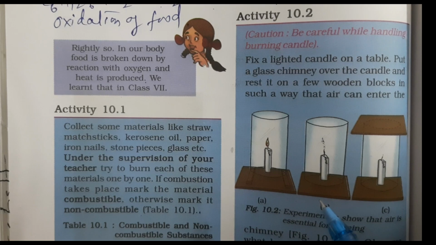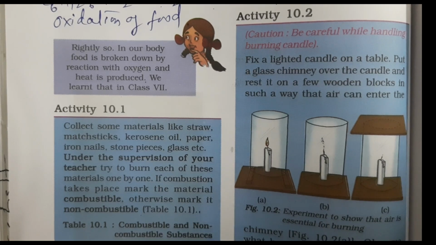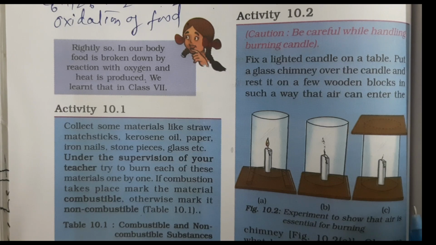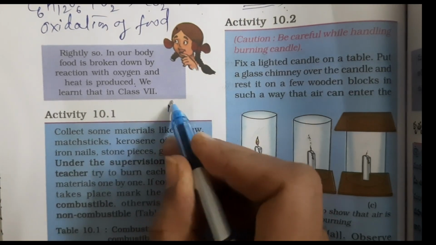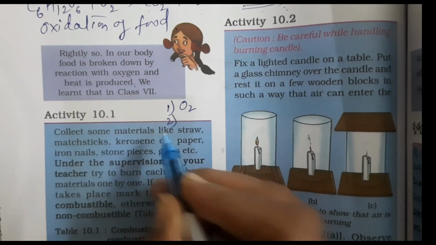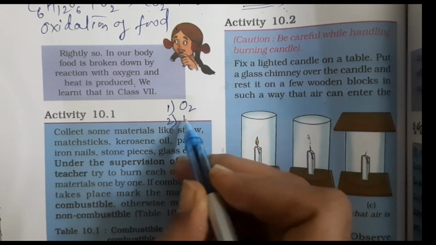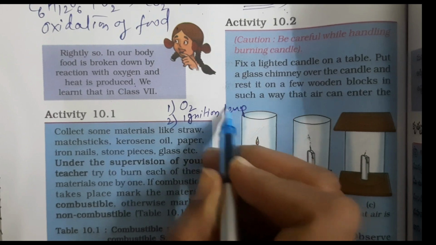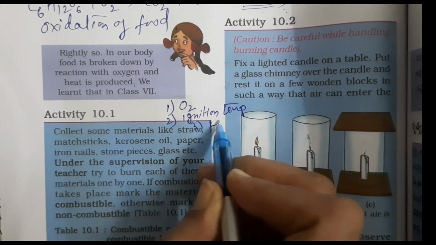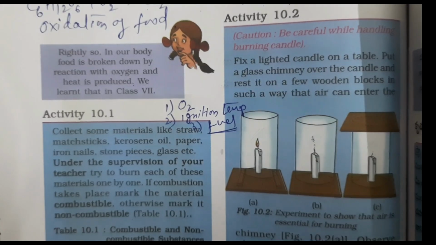And moreover, we need ignition temperature. So three conditions are needed. The first is oxygen, second is ignition temperature, and third is fuel. These are the three things which are needed for combustion.